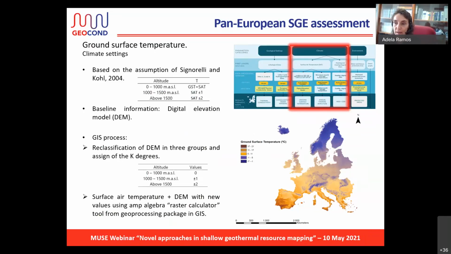Then every class was assigned a numerical value of 0, 1, or 2, and a new raster was obtained. Finally, these values and those from the surface air temperature layer were summed by the raster calculator tool, which is available in the spatial analysis package of ArcGIS. So finally, we could display this information in the ground surface temperature map.